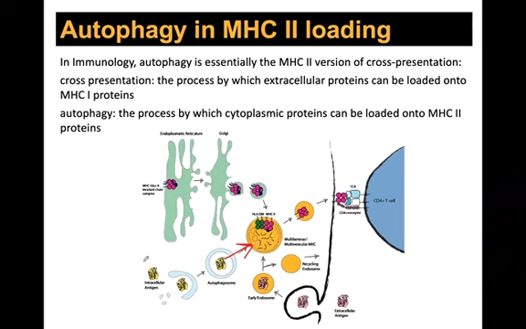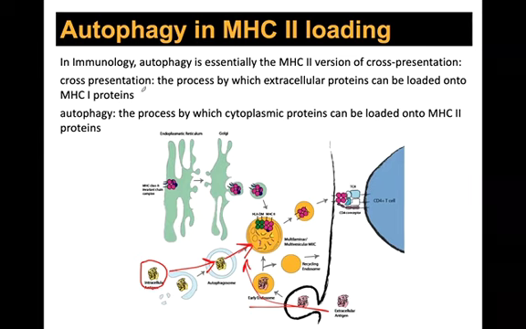And so you can have things from the cytoplasm that are brought out in the autophagosome, or typically we'll call this the phagolysosome, that then when they fuse with the M2C, now you have sources of intracellular peptides, whereas from this pathway, you have extracellular peptides. So that allows you to make CD4 T cell responses to intracellular pathogens like viruses. If you didn't have this, you wouldn't be able to make antibody responses to viruses because you wouldn't have CD4 T cells.